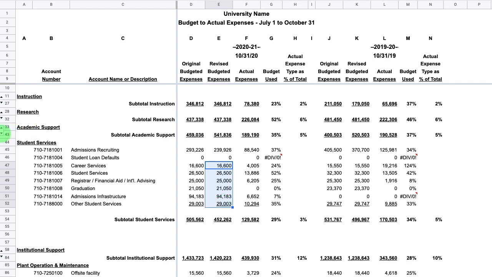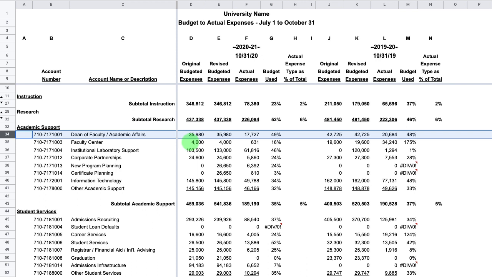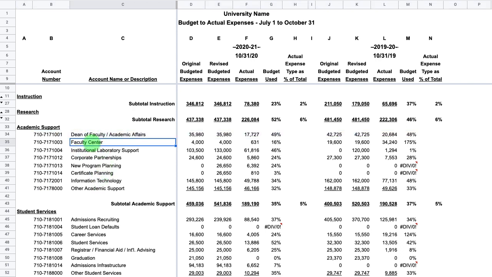If we look up at academic support, and then we'll look at instruction as well, there are the account numbers and what they represent. We have a faculty center, there's institutional lab support, a budget for an office called corporate partnerships.